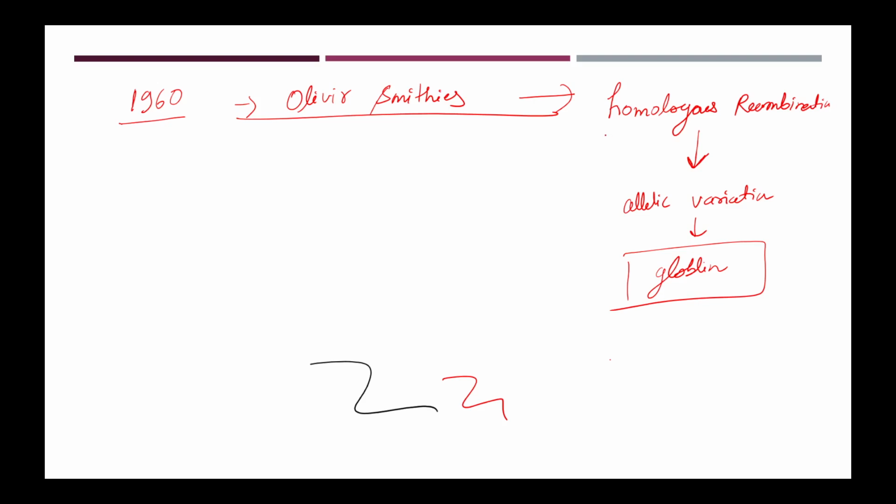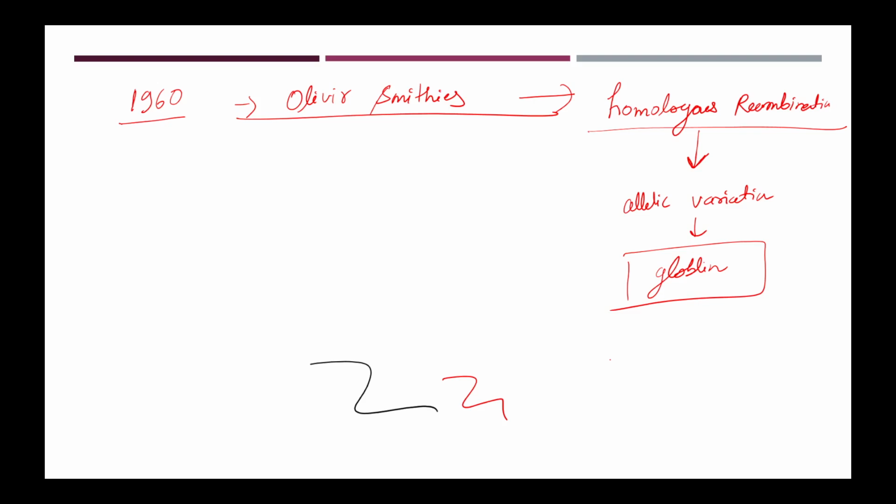Homologous recombination, I hope you remember, we talked about in the last class. It is the exchange of genetic information from one chromosome to another, or from one sister chromatid to another sister chromatid. I hope you remember.